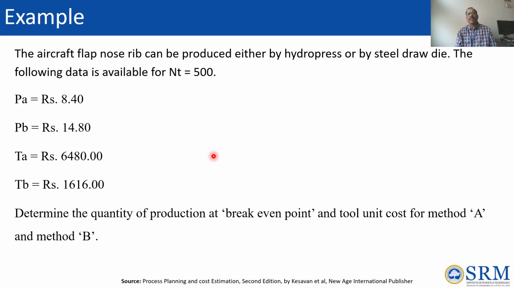For the other process, the steel draw die, it is 14.8 rupees. The total cost for the hydro press is 6,480 rupees, but using the die process the total cost is only 1,616 rupees. Determine the quantity of production at the break-even point and the tool unit cost for method A and method B.